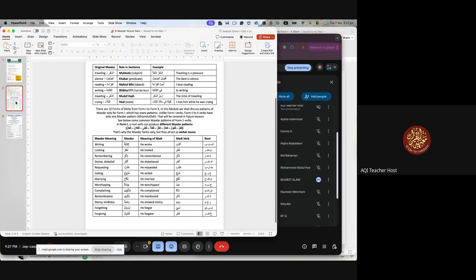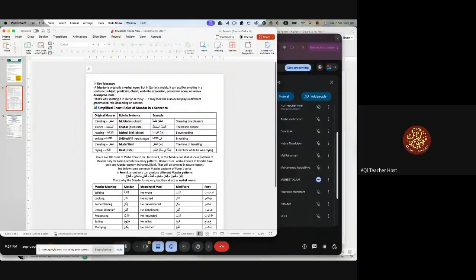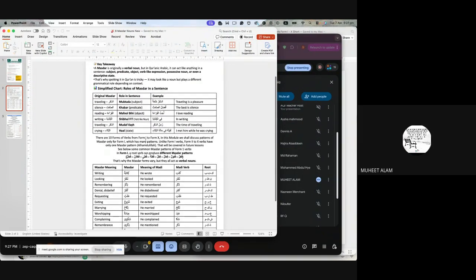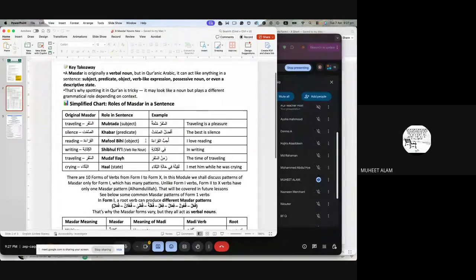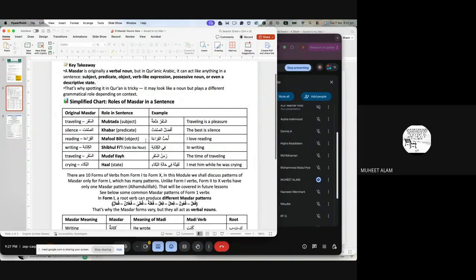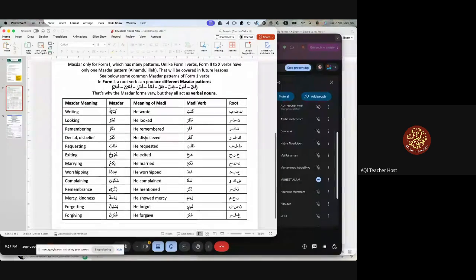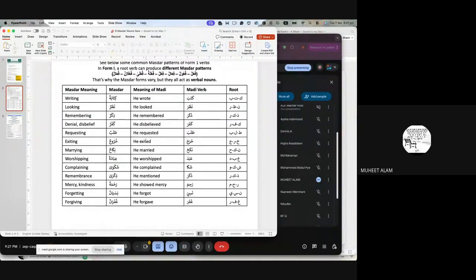Okay, I was just trying to show some examples of masdar, and then I will do the first page again, inshallah. Okay, good.